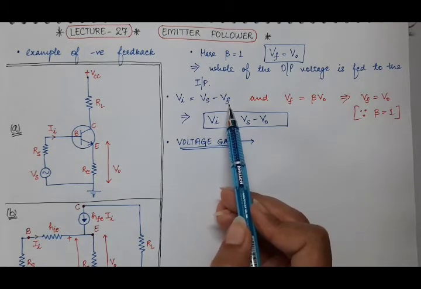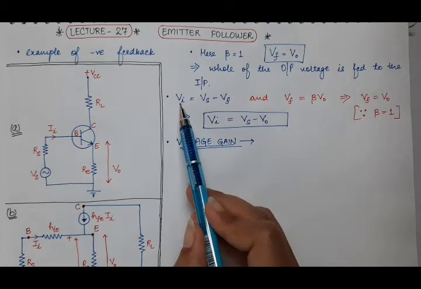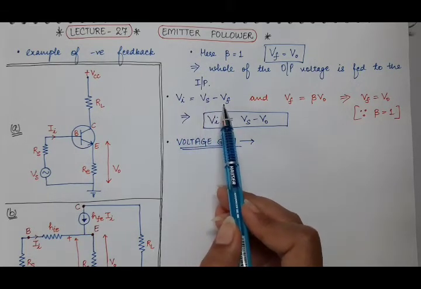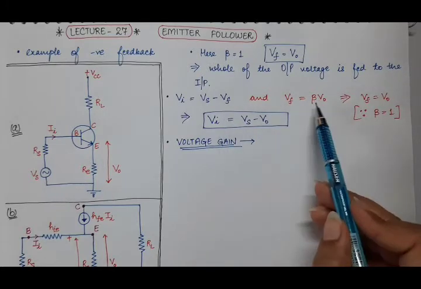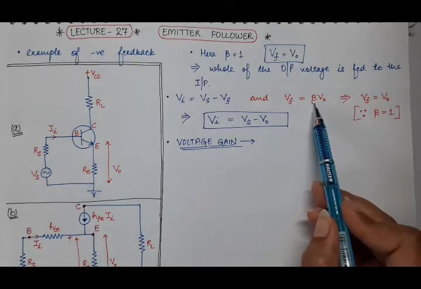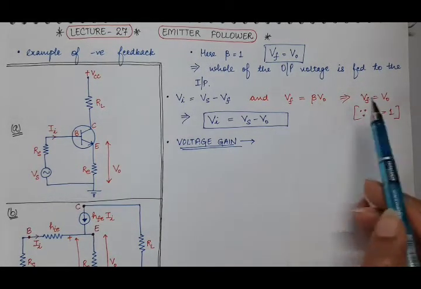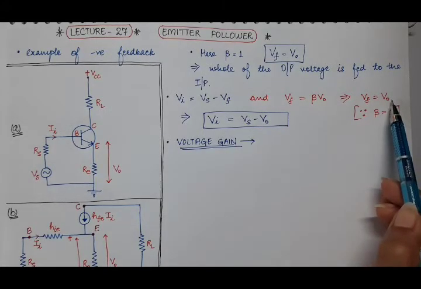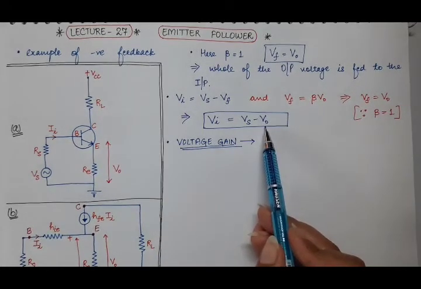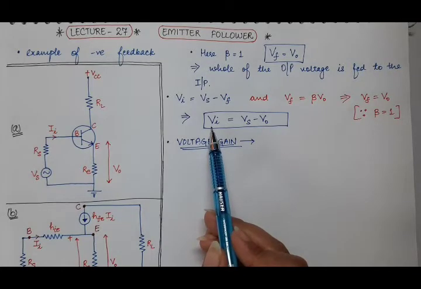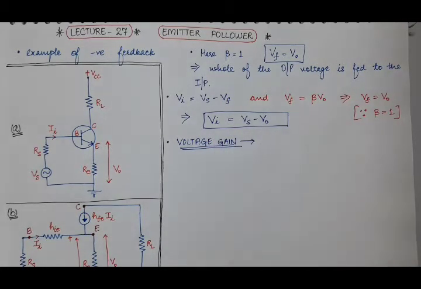So Vi is equal to Vs minus Vf, where Vf is beta V0, but as beta is equal to 1 in this case, Vf will be equal to V0. Putting Vf equal to V0, the voltage across the input terminals of this amplifier is Vs minus V0.